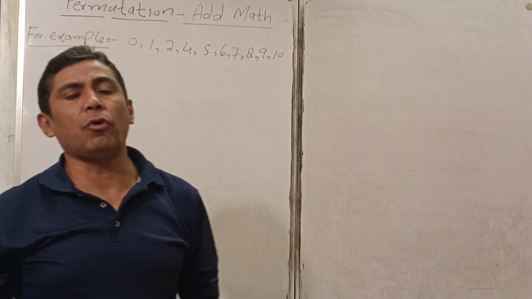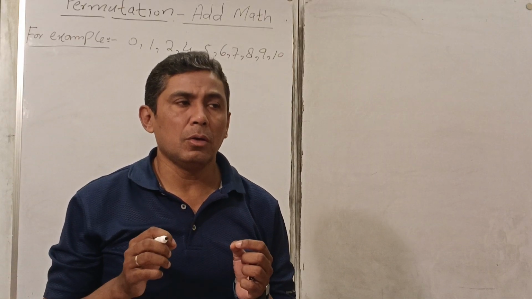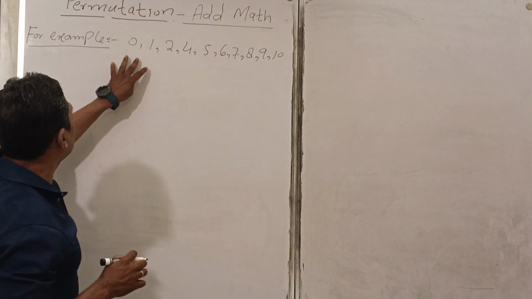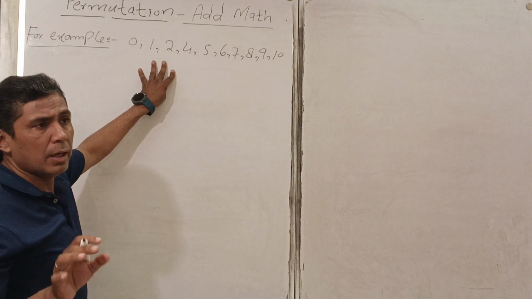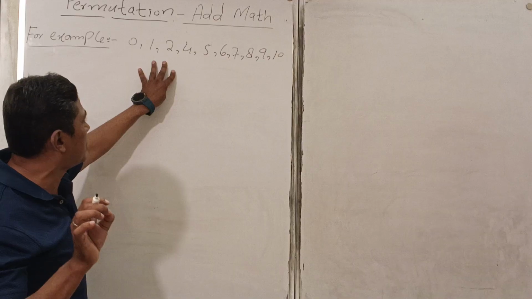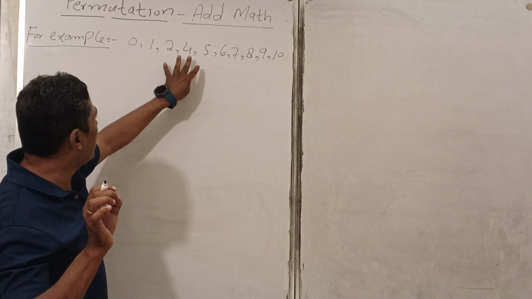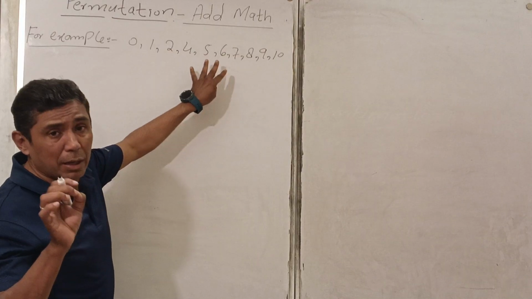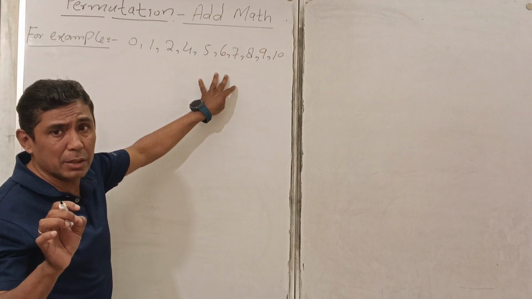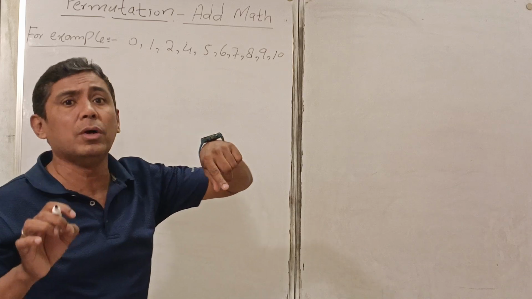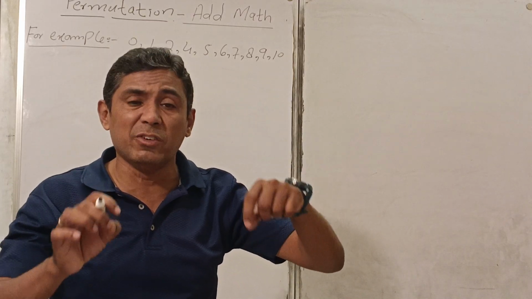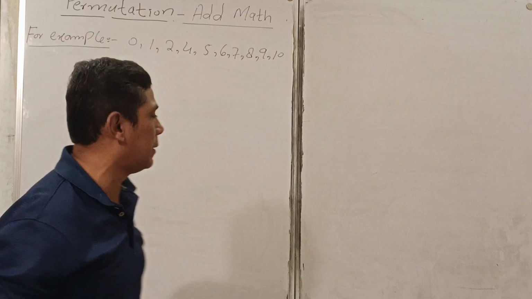First of all, you know that these are 11 numbers, and in this series some are odd numbers, some are even numbers, and some are divisible by 5 or by 10. You got my point?